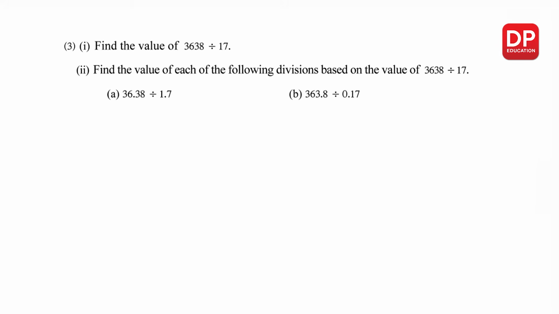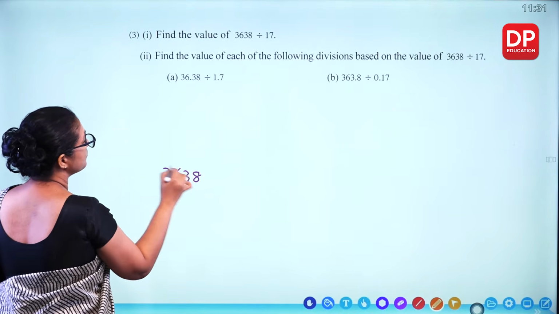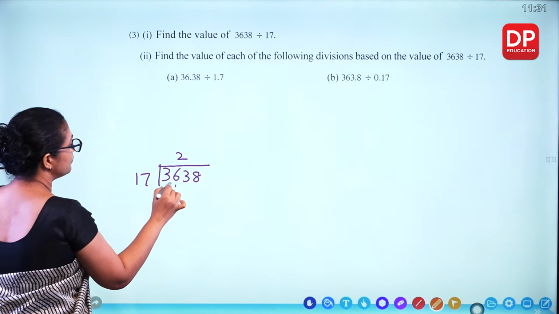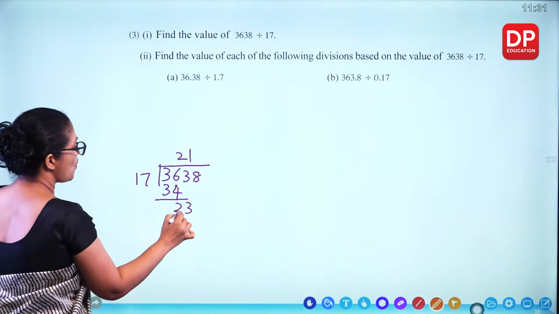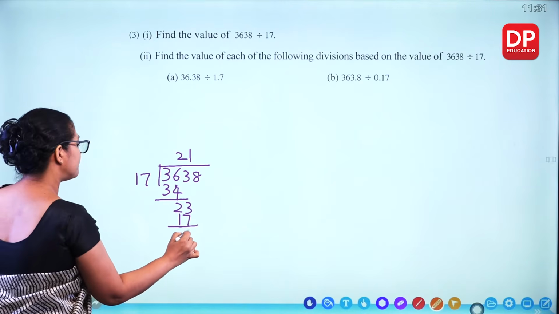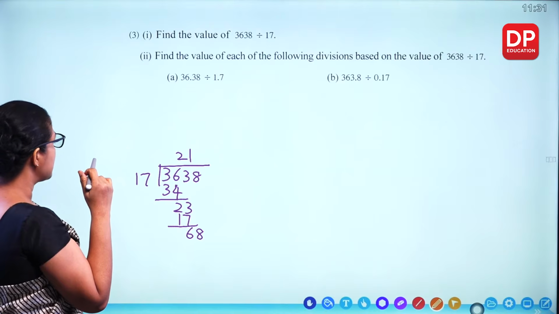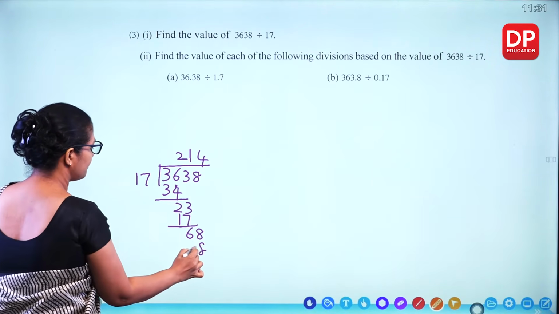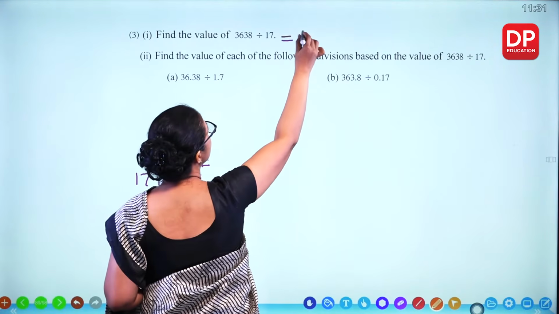Find the value of 3638 divided by 17. 17 times 2, 34. For 23, that's 1. You get 68. For 68, that's 4. So 214 is the answer.